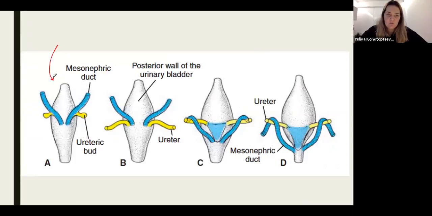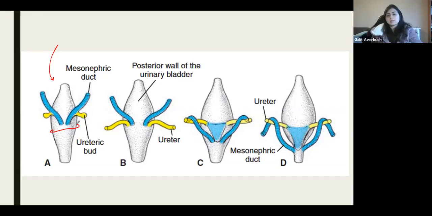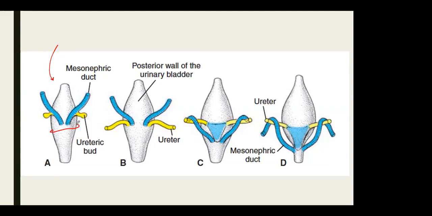Lastly, this is the part which is a bit important. So this is the urogenital sinus. Could you tell me which germ layer urogenital sinus is? From where did it come from? Hindgut. And hindgut was which germ layer?